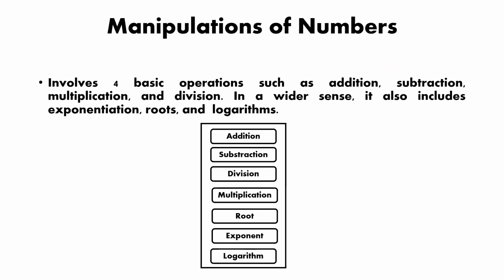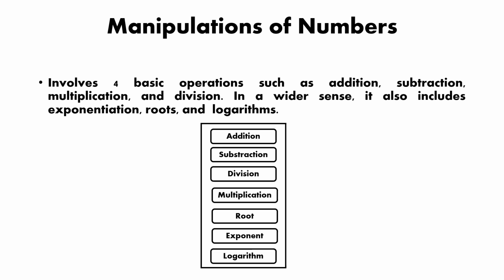Now, numbers can be manipulated in many ways. First, there's the four basic operations, so addition, subtraction, multiplication, and division. After, there's also roots. So roots are a way to find the base of an equation when you already know the exponent and the final answer.